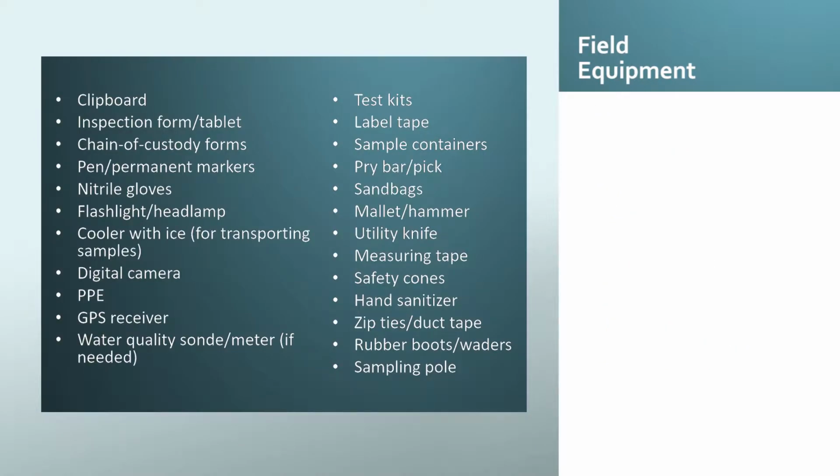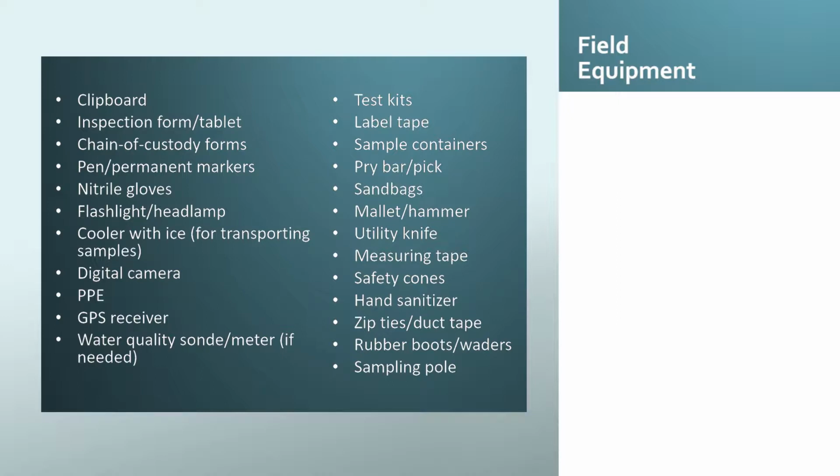So what type of field equipment do you need? There's a quite extensive list. You can never be too prepared when you go out in the field. So you want to make sure you have your inspection forms, chain of custody forms if you're going to be collecting samples, nitrile gloves to protect your hands. You want to have a cooler with ice if you're going to be transporting samples to the lab. A digital camera.